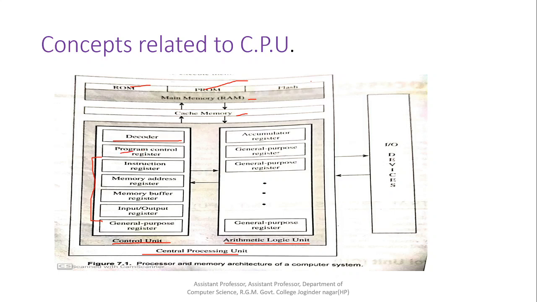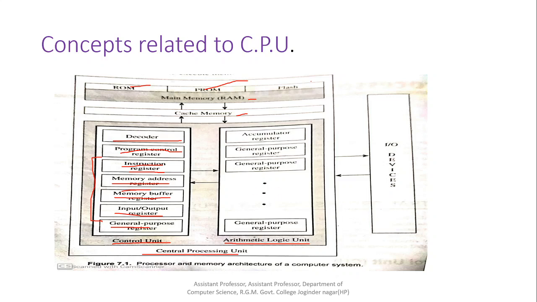So we have the program control register, the instruction register, a memory address register, a memory buffer register, an input output register, and general purpose registers. All are in the control unit, and I will discuss all these registers in the upcoming slides in this video lecture.